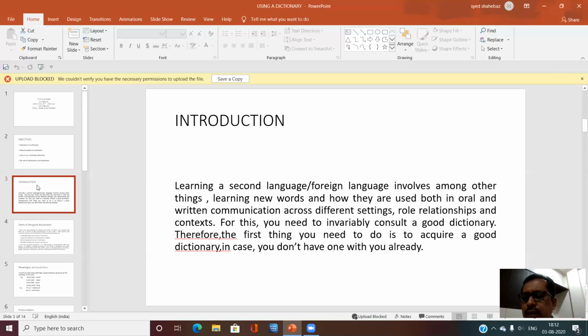Here, in our case, the English language. How they are used both in oral and written communication.